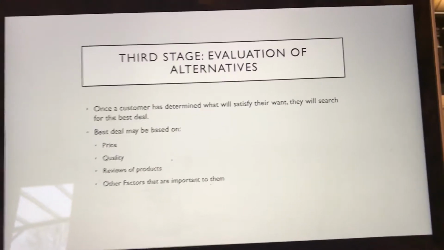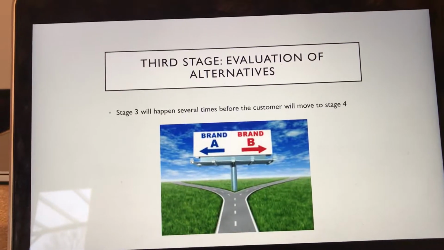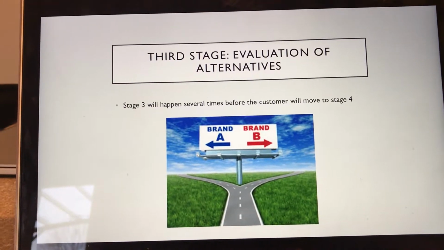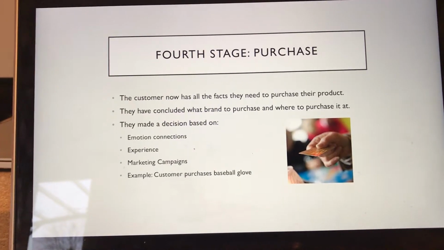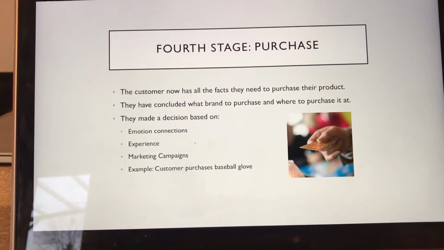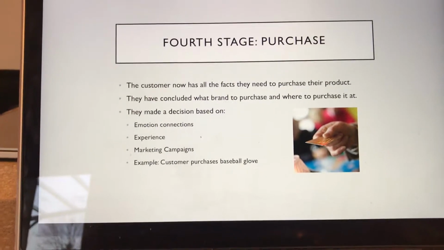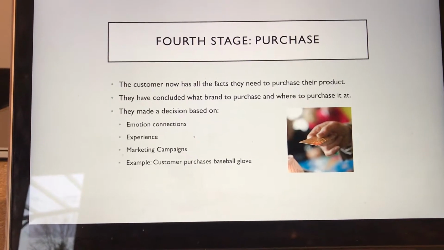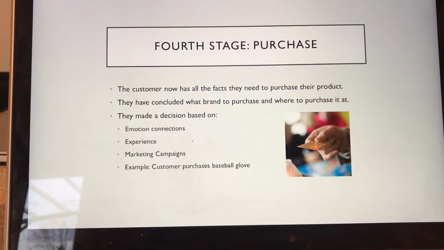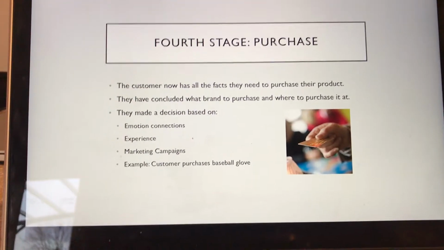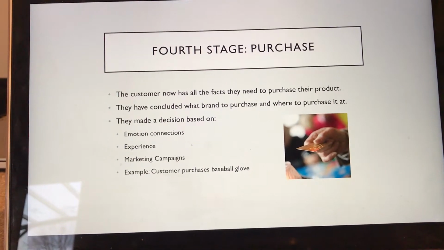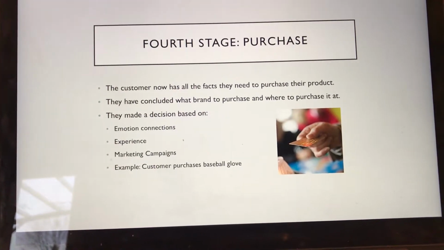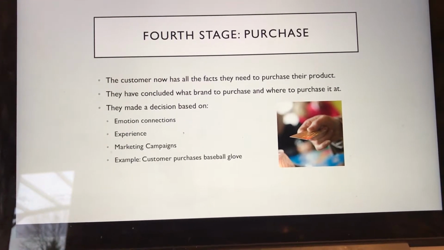So once you find your evaluation alternatives, you choose a brand. This is where you're going to purchase. Now you have all the facts that you need to purchase a product, and you will conclude what brand to purchase and where to purchase it. So you made a decision on emotional connections, experience, marketing campaigns.